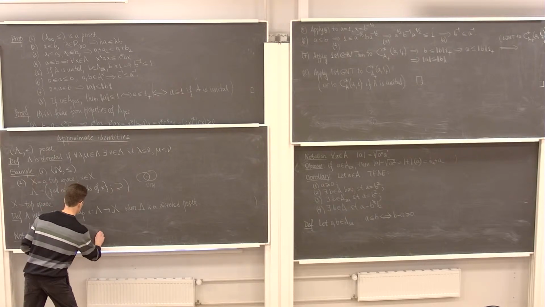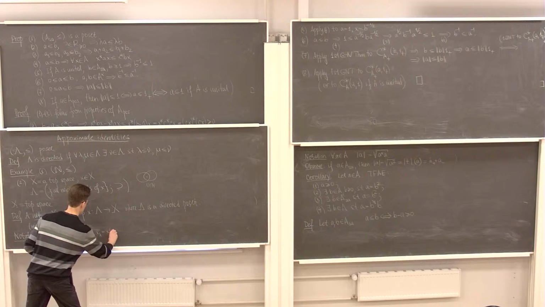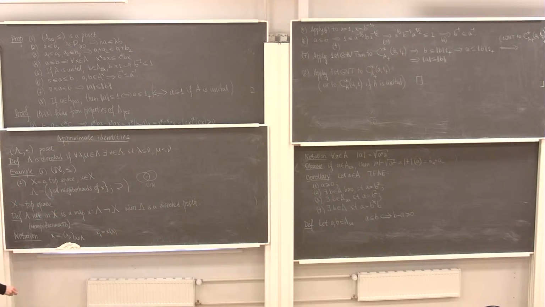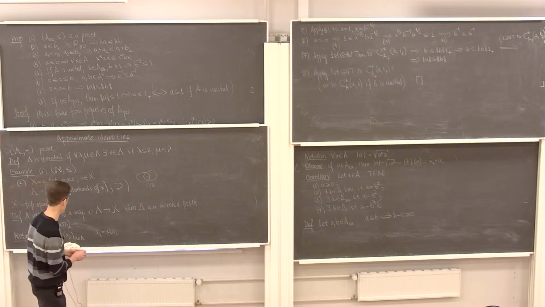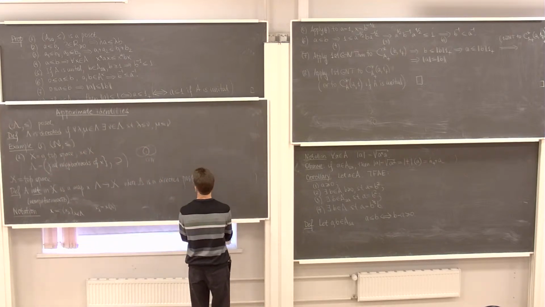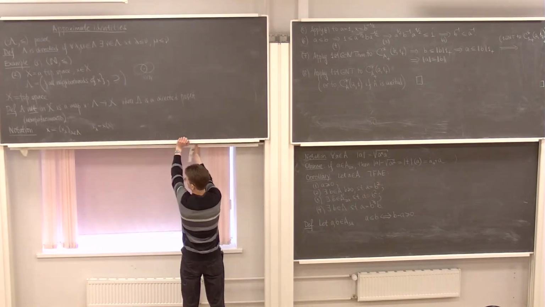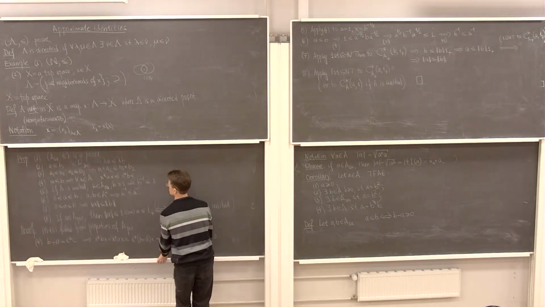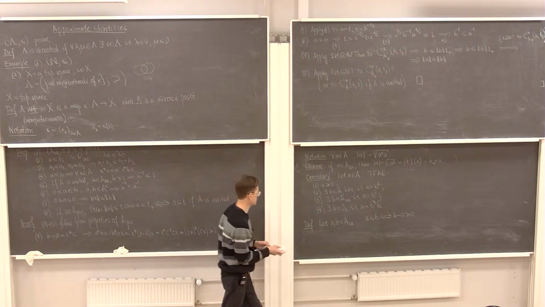So x sub lambda is just x evaluated at lambda. Of course, in the case where lambda is the set of natural numbers with the usual order relation, what we get is just a sequence in a topological space. So roughly, nets are generalized sequences.